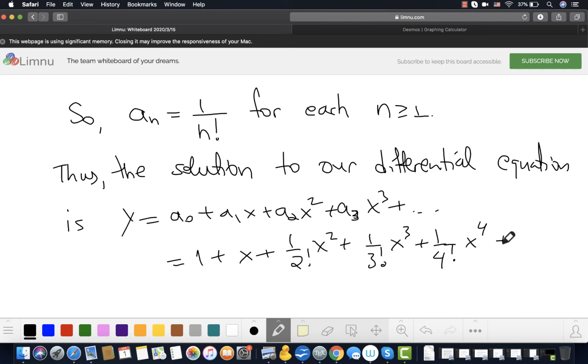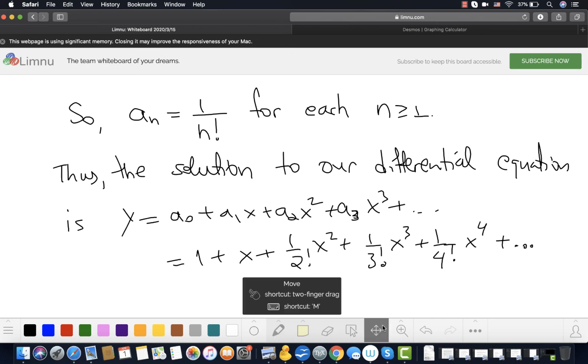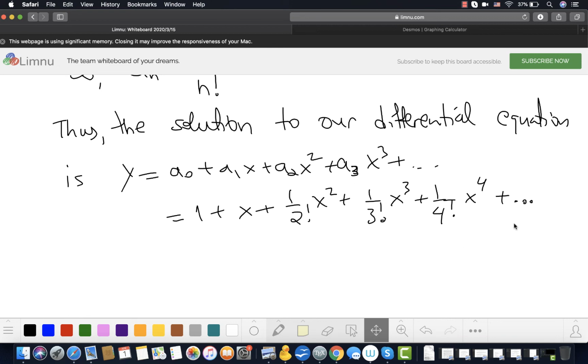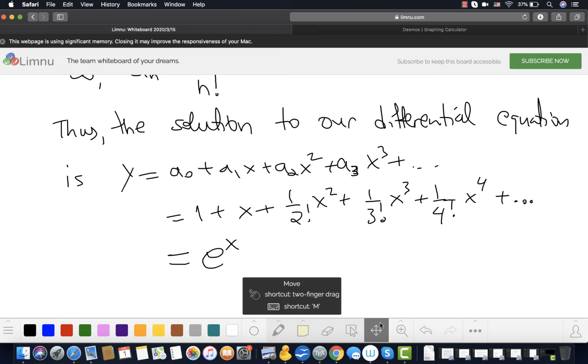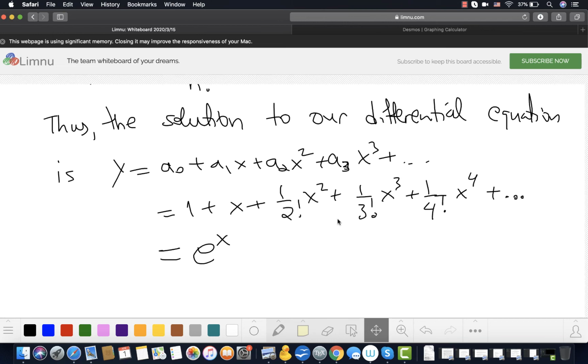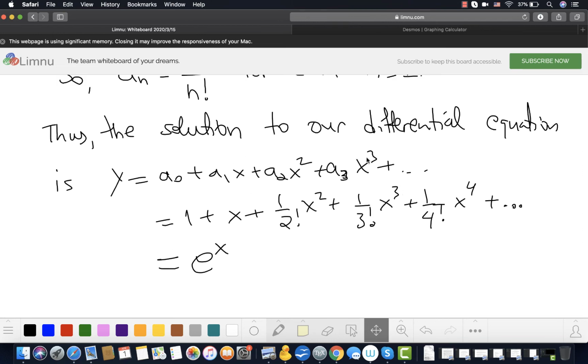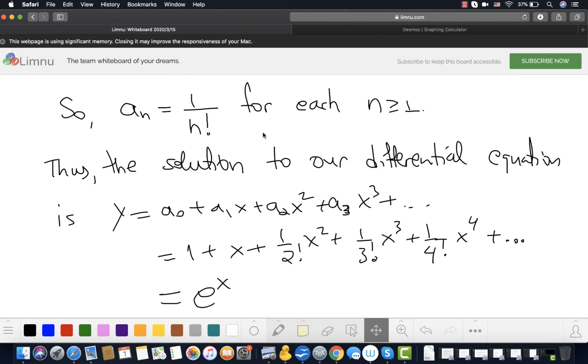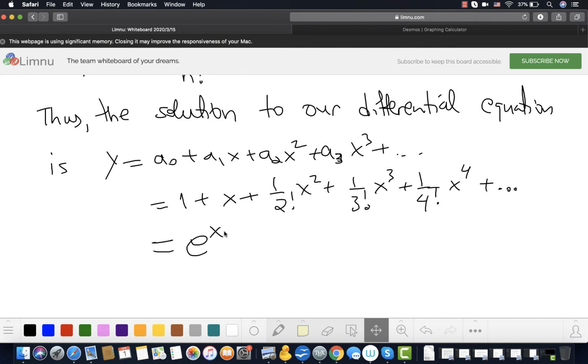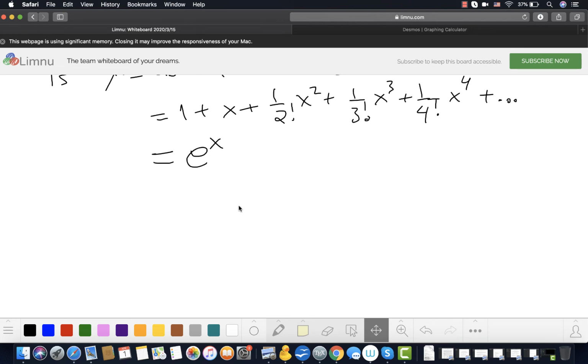Okay, but we have seen this power series here, right here, it is the Taylor series for e to the x. And that's why this is e to the x. That's kind of amazing, right? We figured out what the series solution should look like, and we found these coefficients, and now we repackage the Taylor series with our previous knowledge into e to the x.